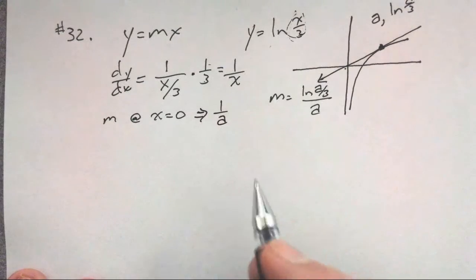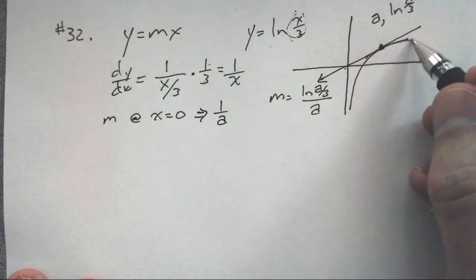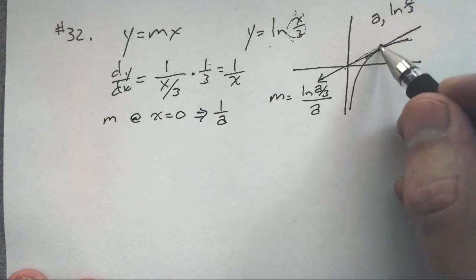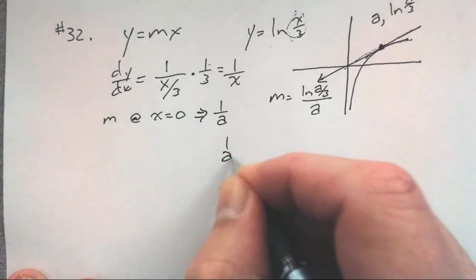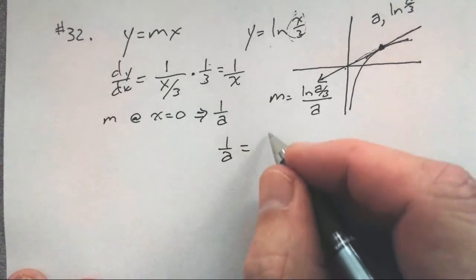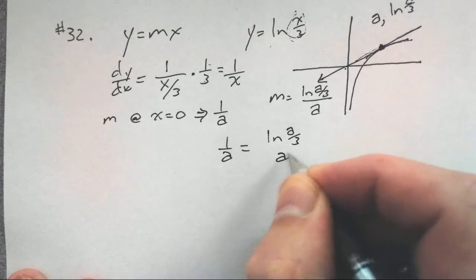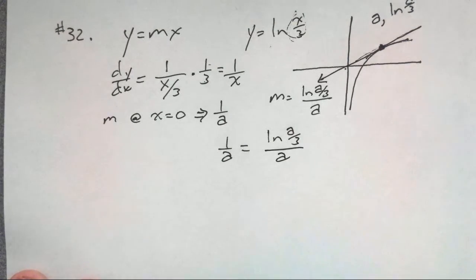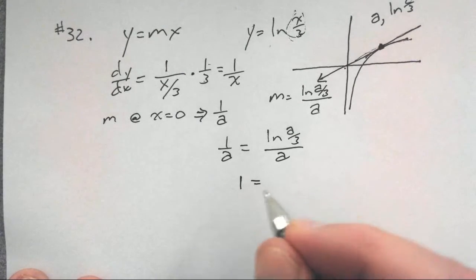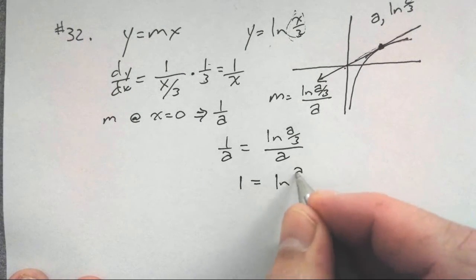and at x equals a that would be 1/a. But what do I know about the slope of the curve and the slope of the tangent line at that instant? I know that 1/a is equal to ln(a/3)/a, or 1 equals ln(a/3).